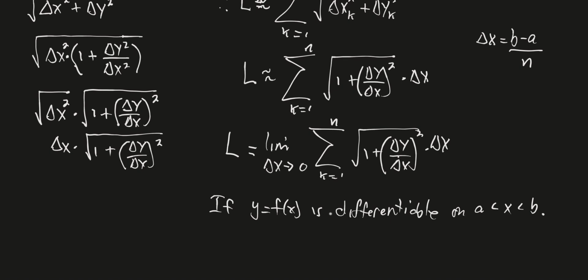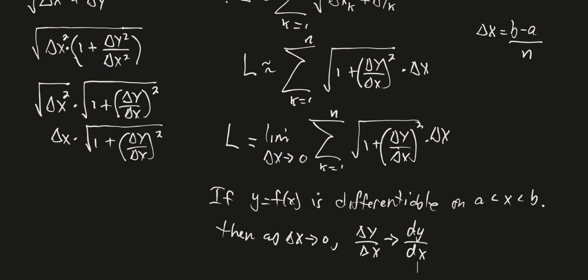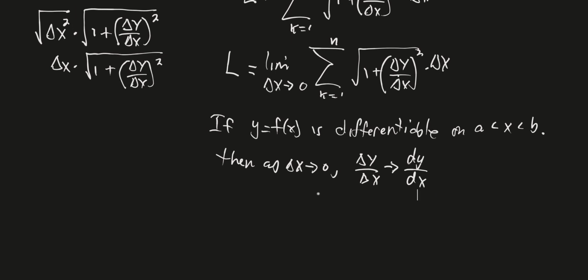So if our function is differentiable at every point inside the interval, then as delta x approaches 0, delta y over delta x approaches dy dx, right? So what we've done, under this assumption of differentiability, we've proved this theorem, right? And this theorem is our arc length formula.